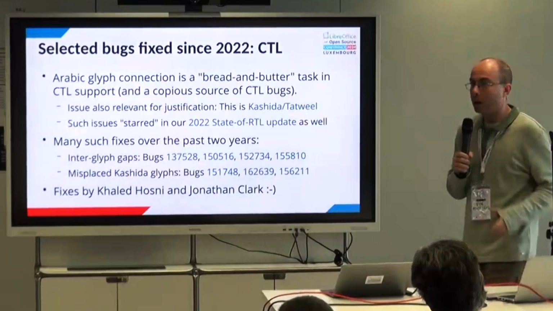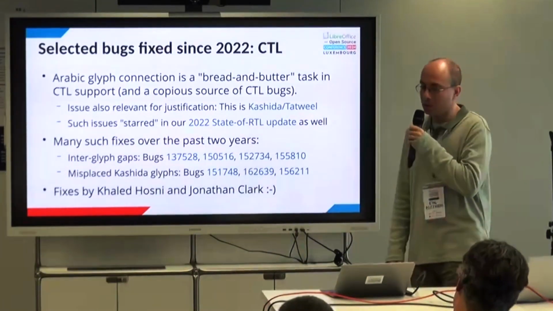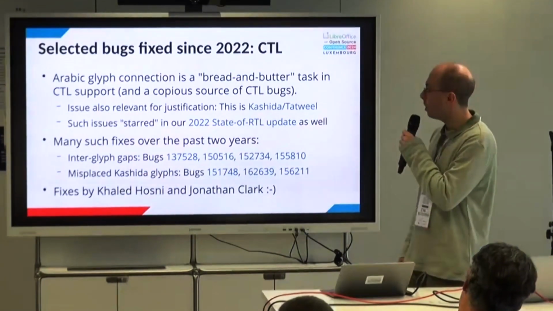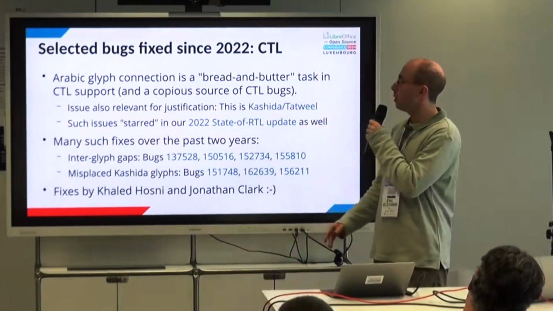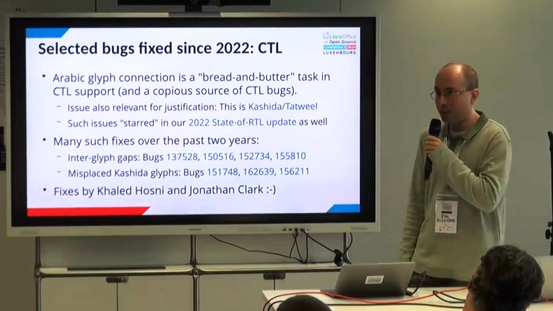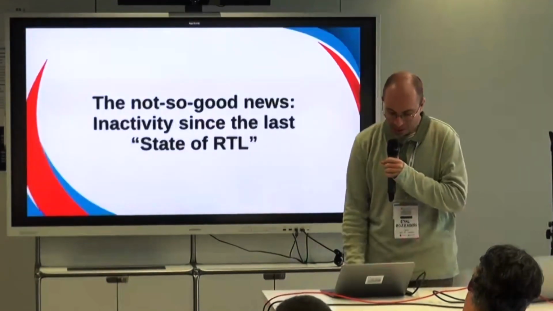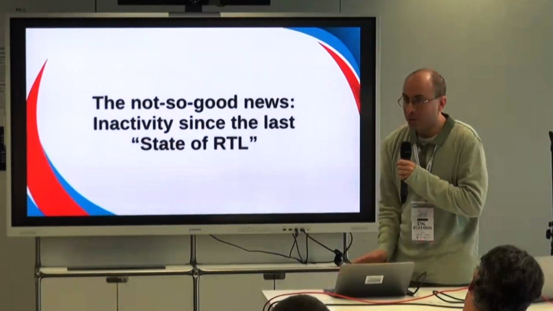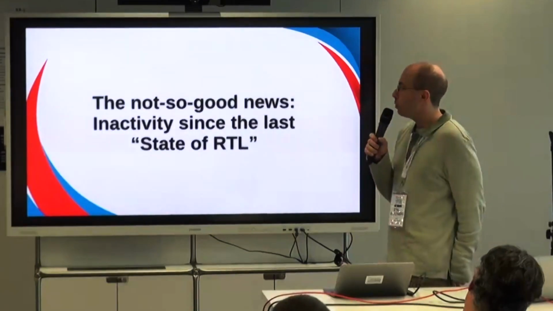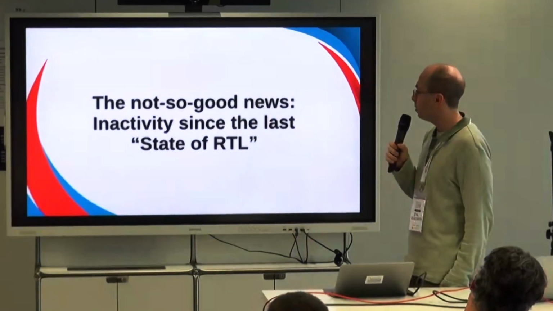Some of them are by Jonathan, but a lot of them are by Khaled Hosni, who I mentioned earlier, who also fixed a bunch of them that I mentioned 2 years ago. So great thank you to both of these gentlemen. So those were some interesting and impactful bug fixes of the last 2 years.